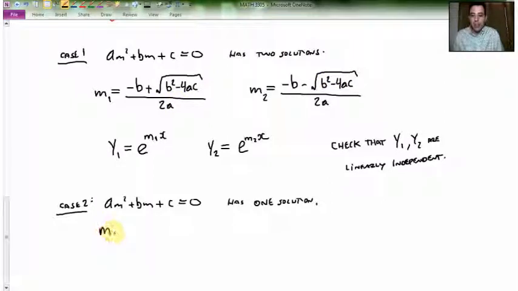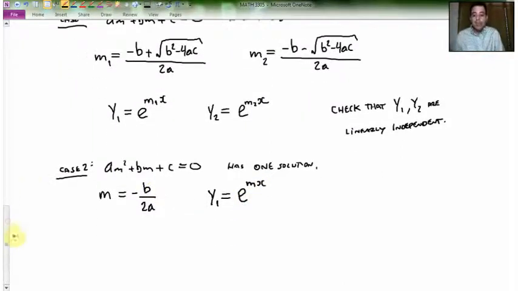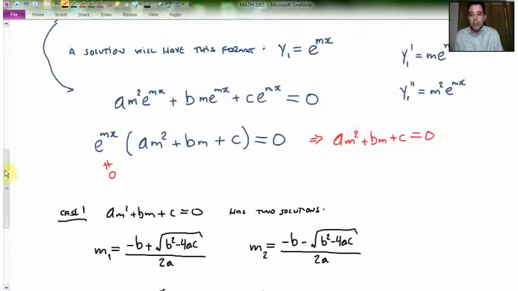So you just have m1 to be negative b over 2a. So you can only find one solution, so that would be e^(m1 x), one solution for the original ODE. But that's not a problem because we know how to find a second solution that is linearly independent from the first one. That's how we use the reduction of order.